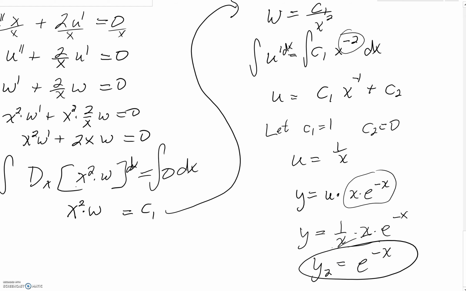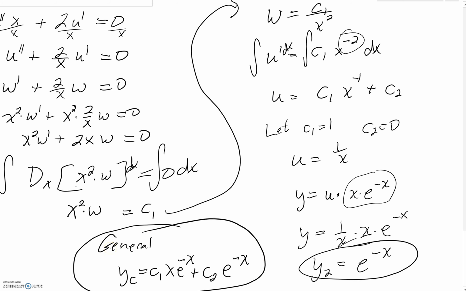They might ask for a second solution. But for our general solution here, we've got our first solution that they told us about, but then we can say we just found our second one right here. So that wraps up 4.2, Day 1.